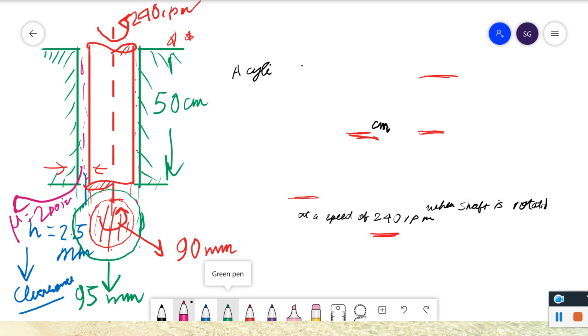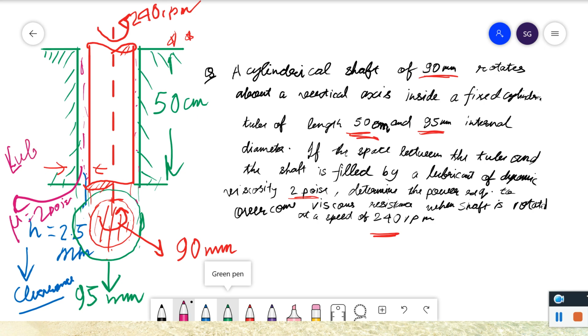Okay, determine the power required to overcome the shaft if it is rotating at 240 rpm. It is already given in the question that this is rotating at 240 rpm. Everything is written in the question, so I will rub this off to give you the solution of it.